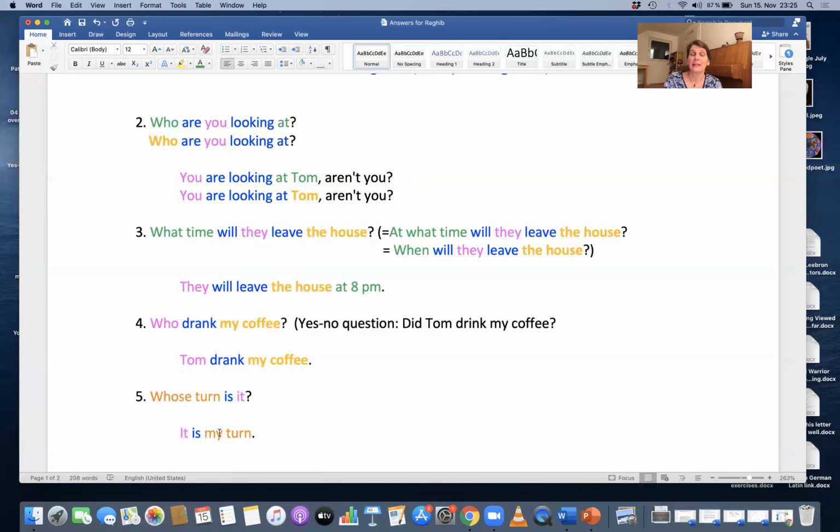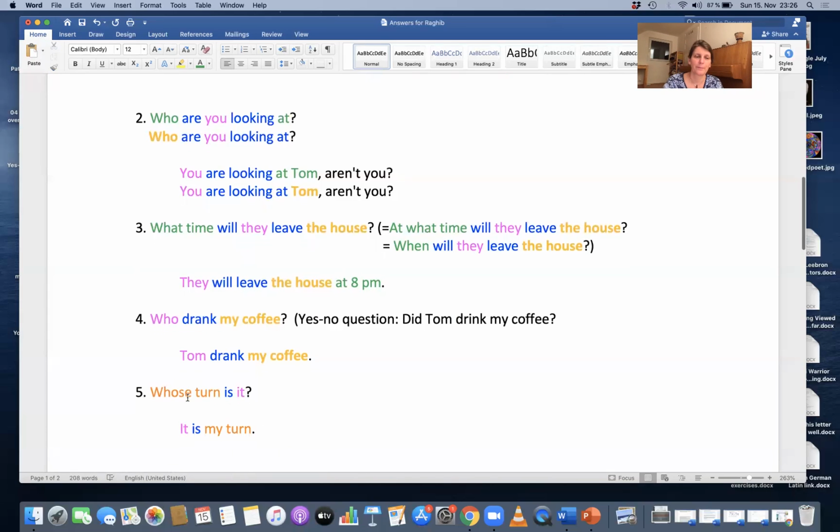My is the possessive adjective. And when I want to ask about this circumstance, I turn my possessive adjective into a question word. It's sort of the interrogatory or interrogative adjective. Whose? Whose turn is it?